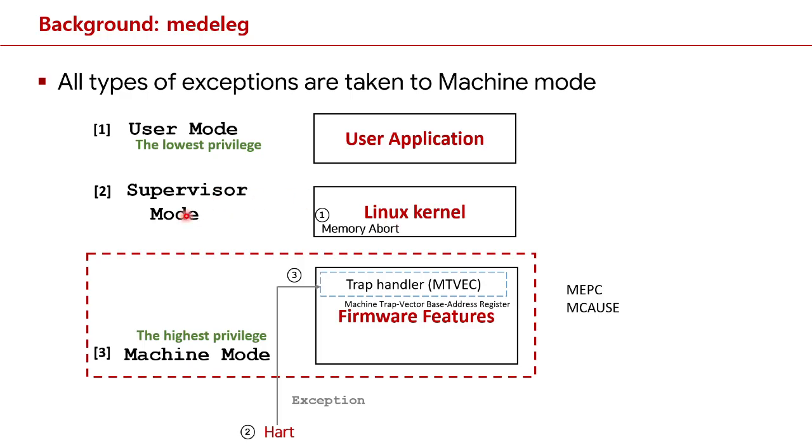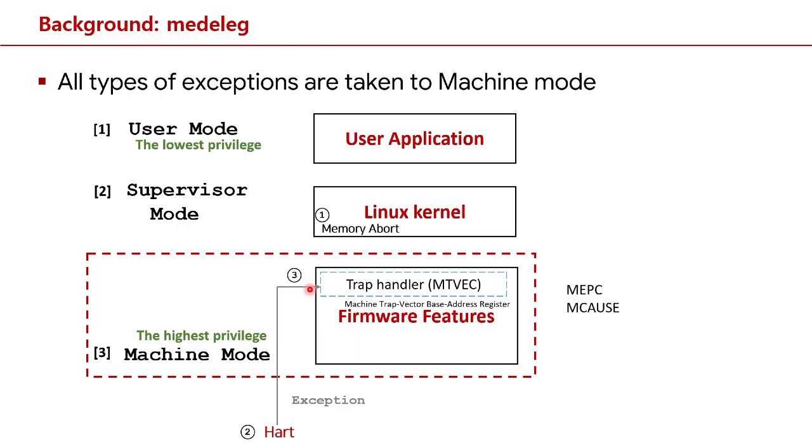In supervisor mode, the Linux kernel runs. This is the standard convention in our industry. But if you do not configure any bit field inside this register, the RISC-V core moves to the address of the trap handler. In this case, the privilege mode switches from supervisor mode to machine mode.